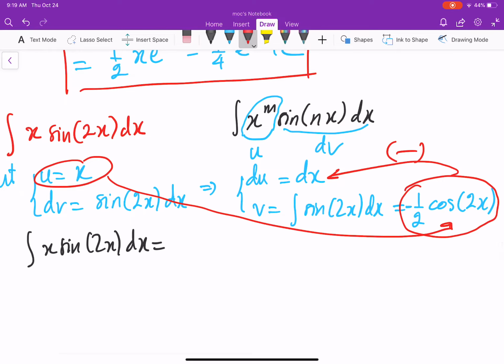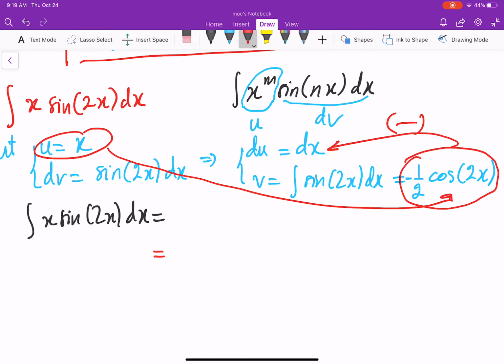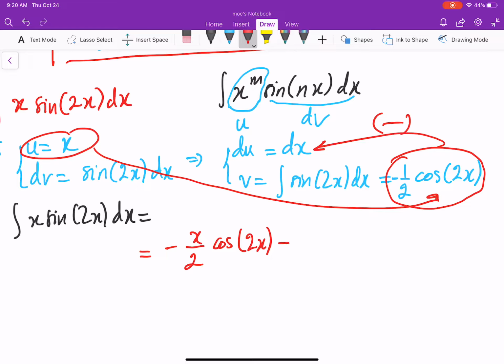So this is equal to x with negative 1/2, so I write negative x over 2 cosine of 2x, and then minus with negative in here, so I write plus 1/2 integral cosine of 2x dx.